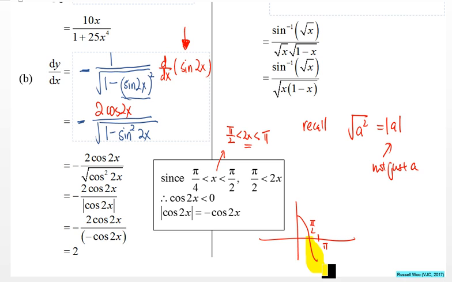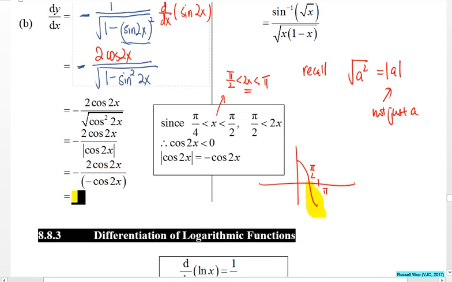So this cosine 2x between pi over 2 and pi, take cosine, you will get a negative number. So therefore, mod cosine 2x is actually negative cosine 2x. Do you follow? Therefore, you can get an answer of 2.